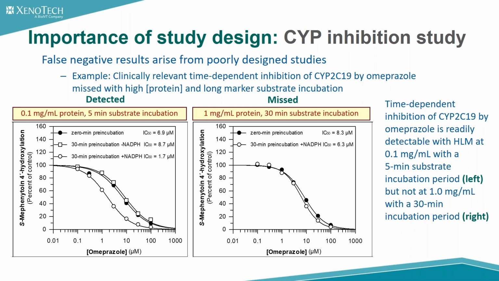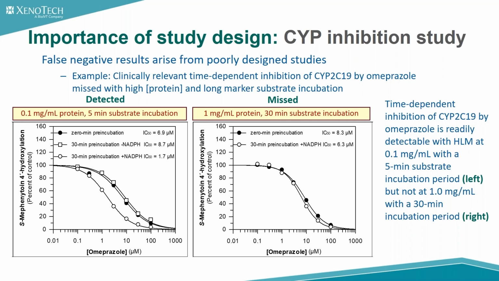So in this example, clinically relevant, time-dependent CYP2C19 inhibition by omeprazole was missed for many years due to the use of high protein concentration and a longer incubation time. So again, these are CYP inhibition IC50 plots, which I've explained earlier, with the percent of control shown on the y-axis and plotted as a function of increasing concentration of the drug.